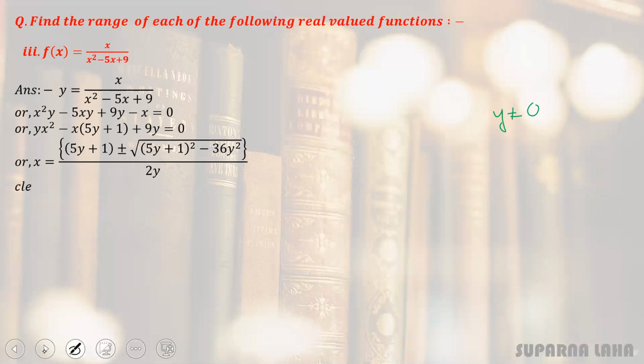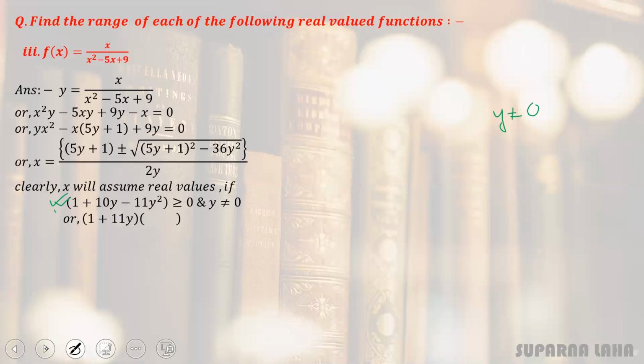Okay, now if this term is greater than or equal to 0 and we break this term, it will look like that. So now factorize this equation, that is 1 plus 10y minus 11y square. So it will look like that: 1 plus 11y into 1 minus y. Now since this is greater than or equal to 0, either both the terms greater than or equal to 0 or both the terms less than or equal to 0. These two conditions can happen.